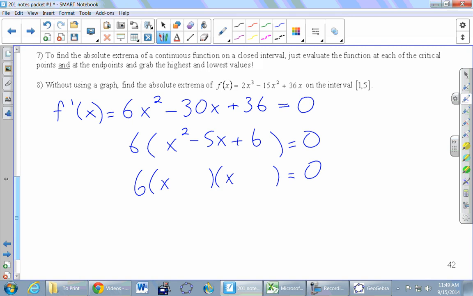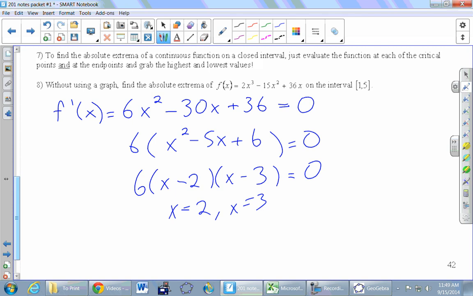Okay, so this becomes x minus 2 and x minus 3. And then we're setting each of these 3 things equal to 0. The 6 doesn't contribute anything. Here we get x equals 2. Here we get x equals 3.